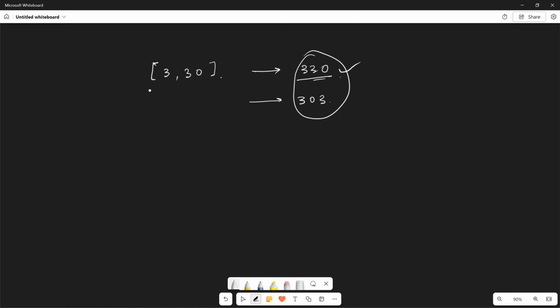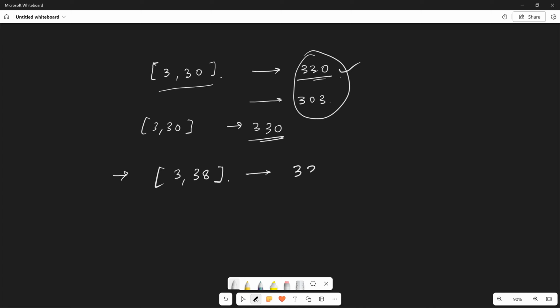At first instance, you would think that sorting them in ascending or descending or in any order can solve the problem. Like in this scenario, you can sort this in ascending order, 3 and 30, and this would solve the problem, but that's not always the case. If we have an array like 3 and 38, what would be the possible scenarios?